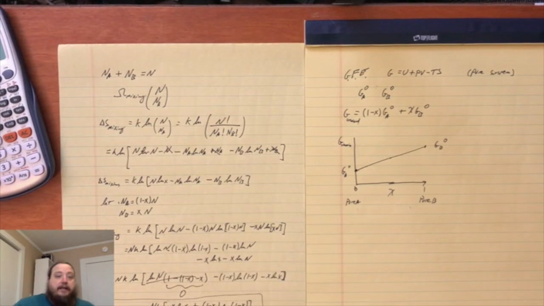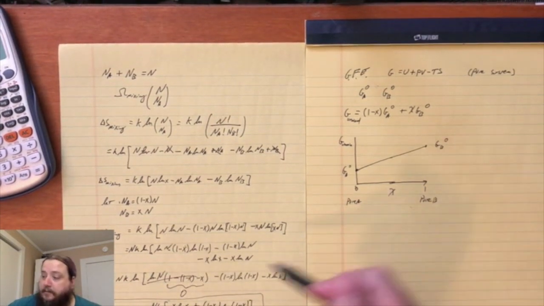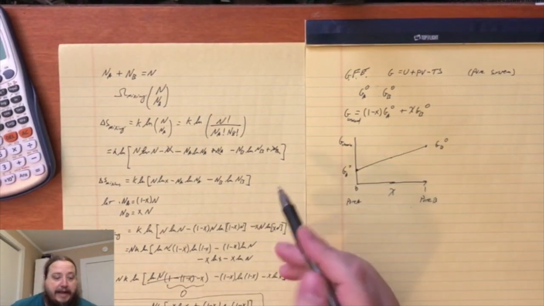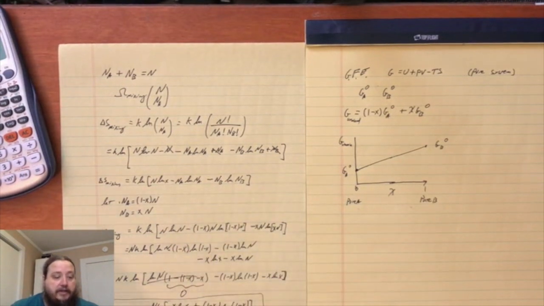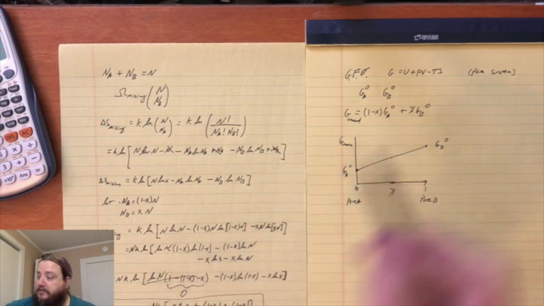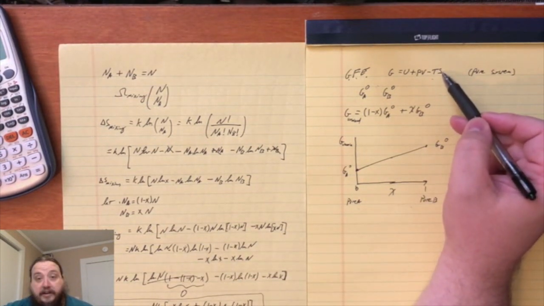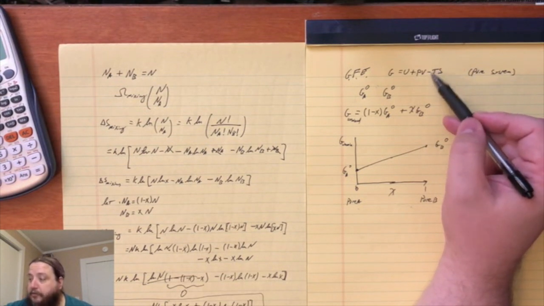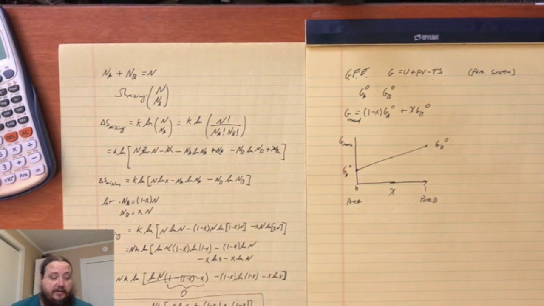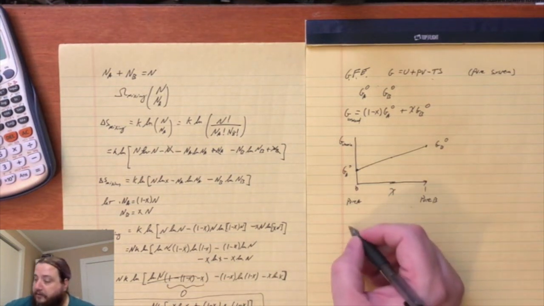Now, if we add into this equation the effect of changing the entropy of our system due to mixing, we can see that the effect of mixing, if the change in entropy is increasing, would be to decrease the Gibbs free energy.